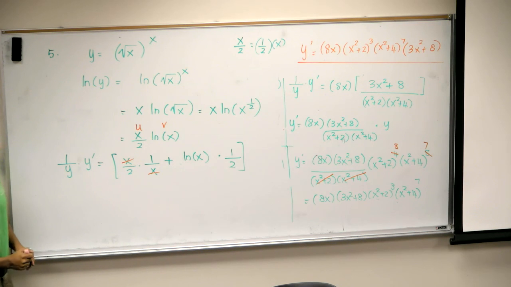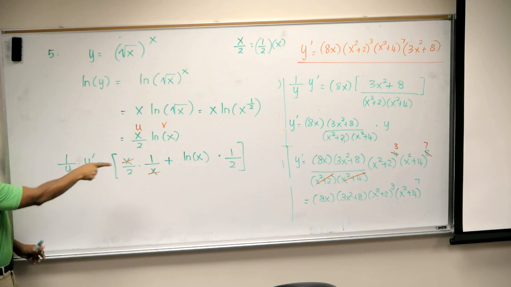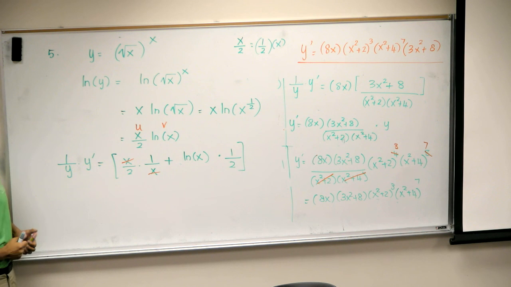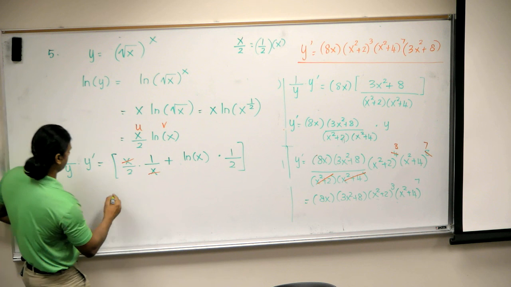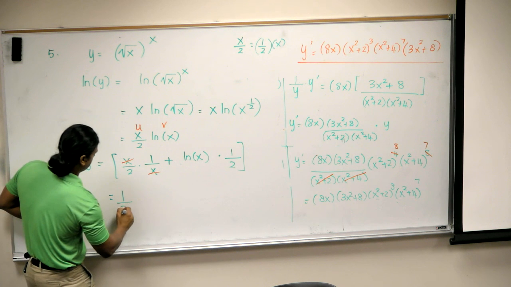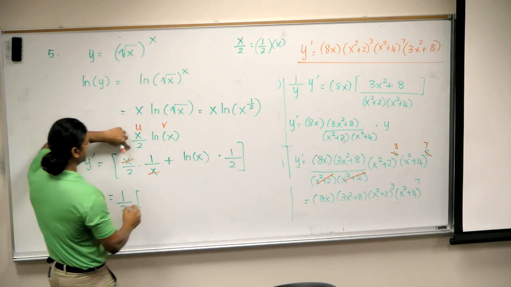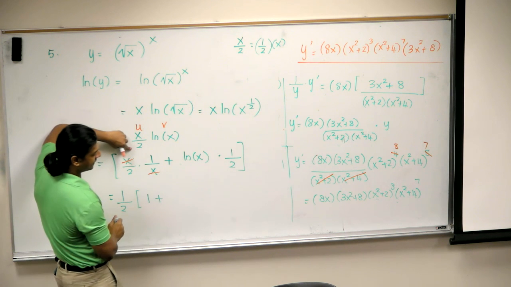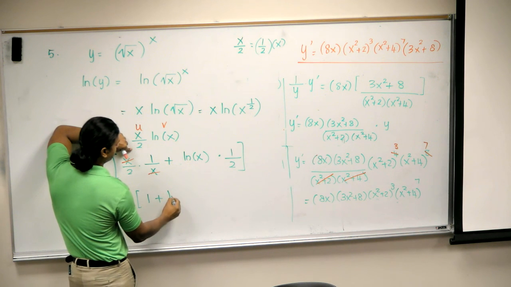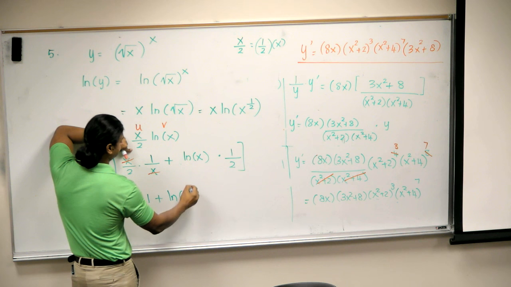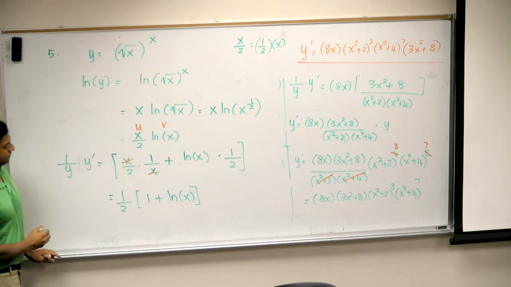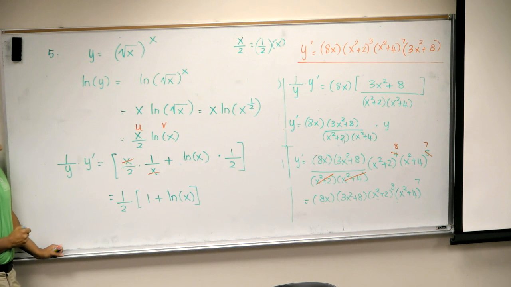The x's will get cancelled. What do I have in common between the two terms? 1/2. If I take 1/2 out, I would have 1 in the first term, ln of x in the second. Good.